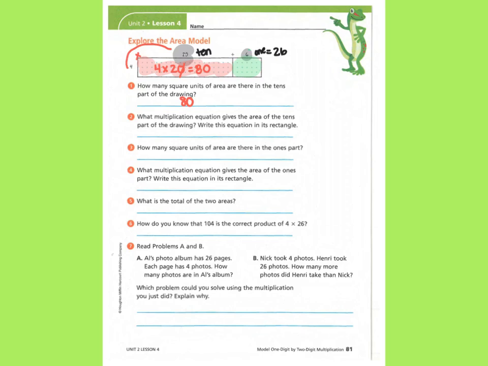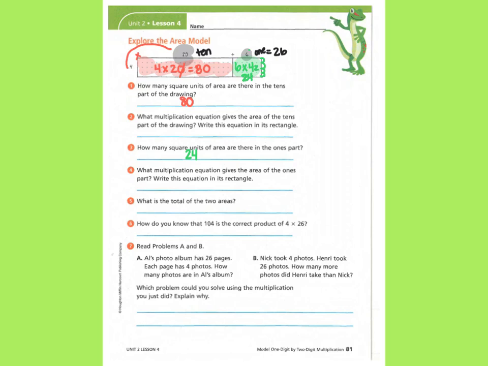So 6 is going to be my first number, and I still have 1, 2, 3, 4 rows. 6 times 4 is 24. So my answer to number 3 is that I have 24 square units in that area.